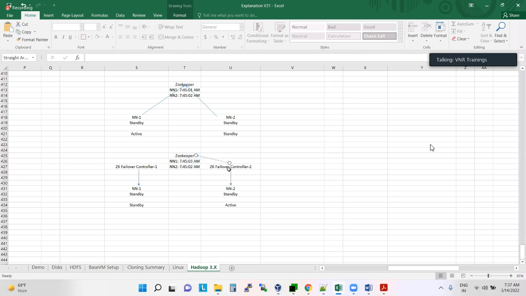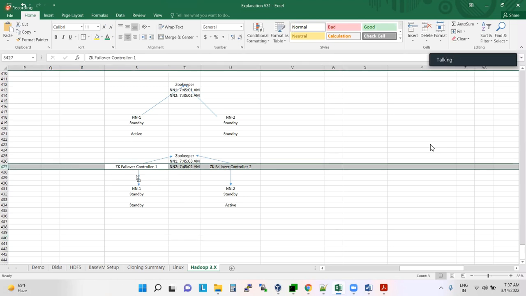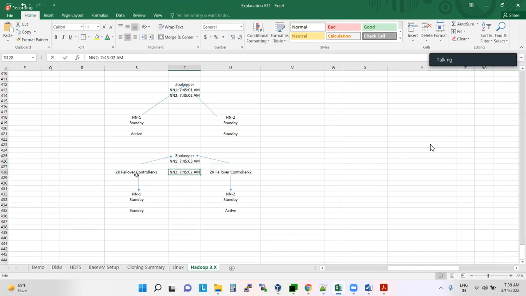Now the problem is solved, right? What is happening here? Is Namenode sending a heartbeat to Zookeeper directly? No, sir.